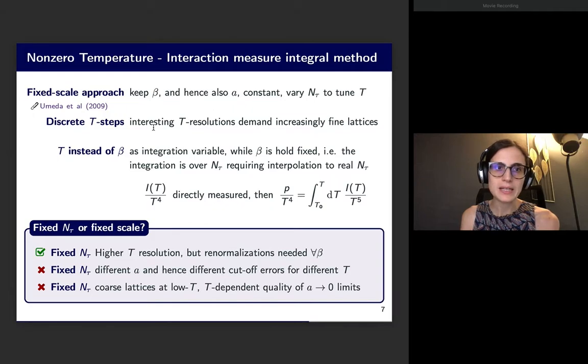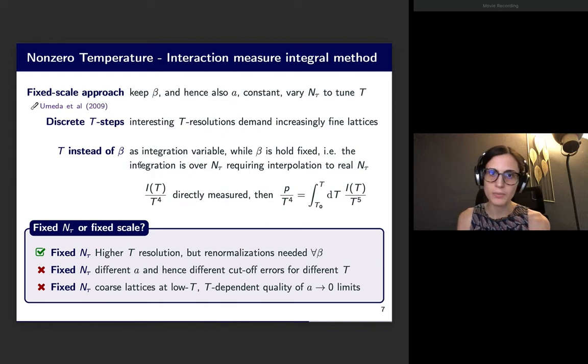We already discussed that this leads to discrete temperature steps and that interesting resolutions in temperature then demand increasingly fine lattices.